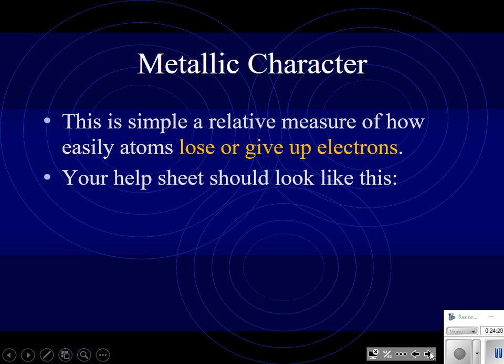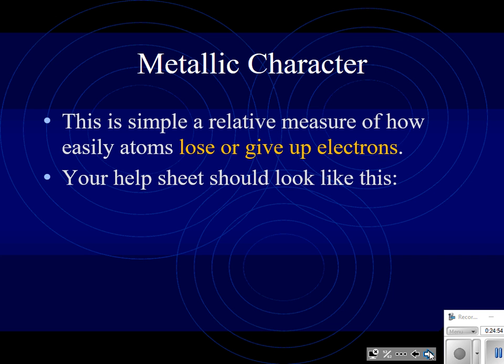The metallic character is simply a measure of how easily atoms will lose or give up electrons. Now let's think about this. Based on our discussions that we've had already, who wants to lose electrons?